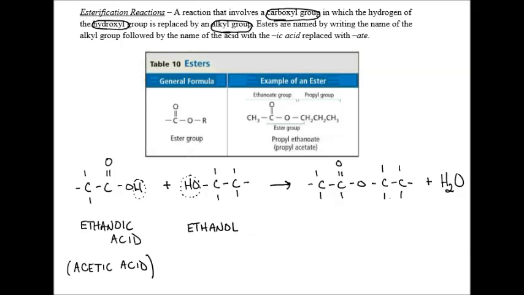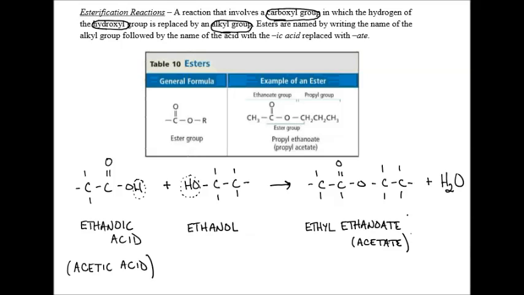So here's our alkyl group of 2 carbons. So that is ethyl. Here is the acid part, which is ethanoic acid. So it's ethyl ethanoate, which they sometimes call ethyl acetate.